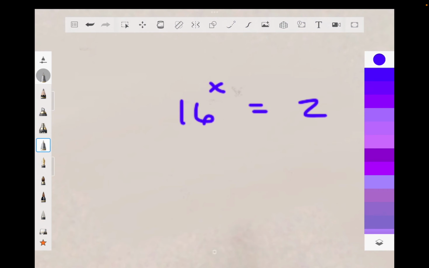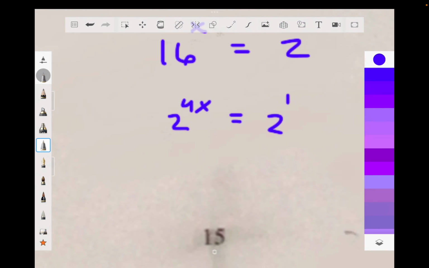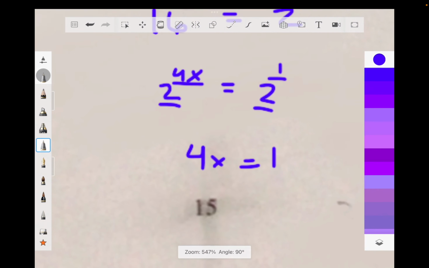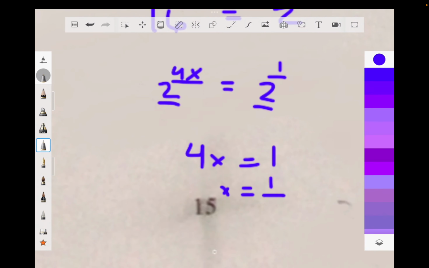You would have to notice that 2 is a power of 16's base, so you could rewrite this as 2 to the 4th, because that's equal to 16, to the x equals 2. Remember, this is 2 to the 1, so since the bases are the same, you could set the exponents equal to each other and solve for x. So 4x equals 1, x equals 1/4.